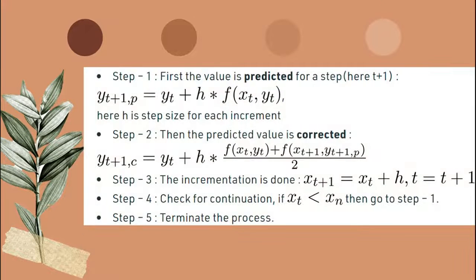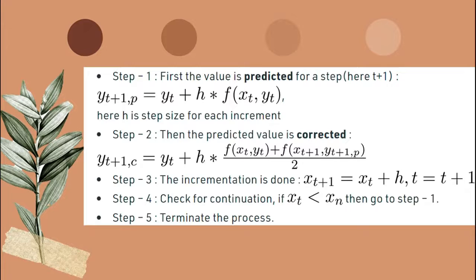So here are the steps. Step 1: first, the value is predicted for step t plus 1, y sub t plus 1 predicted equals y sub t plus h, where h is the step size for each increment. For step 2, the predicted value is corrected.